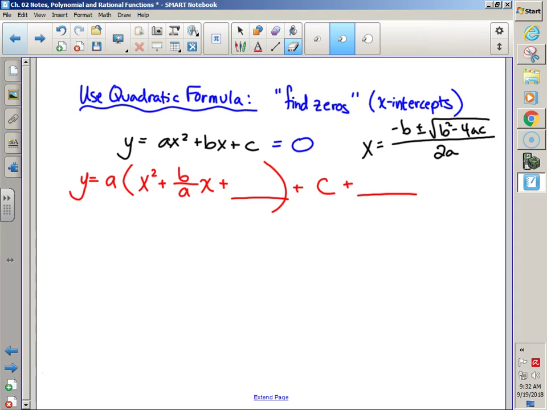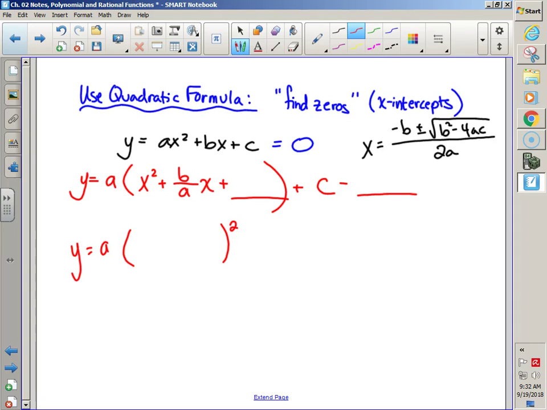If you add somewhere, to keep it balanced you subtract somewhere else, right? Now, what can we put here in order to actually be able to factor it? I'm going to make it a perfect square. That way I have a systematic approach. Otherwise, without knowing b and a, I don't know exactly what to make my factors.